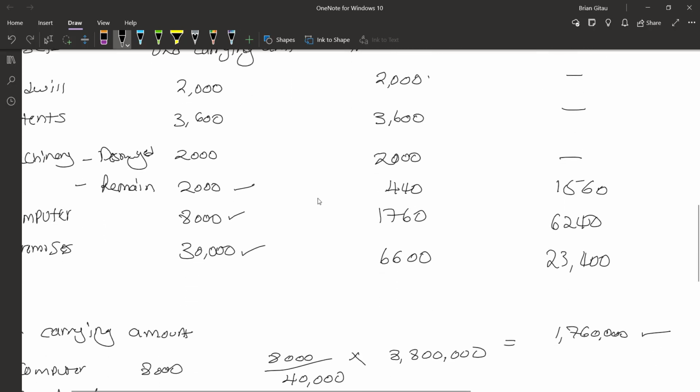That's how we distribute the carrying amount. So if I add all of that, it should give me the new carrying amount of the factory, which is 31.2 million. And if I add all of this, it should give me the total impairment loss, which is 16.4 million.